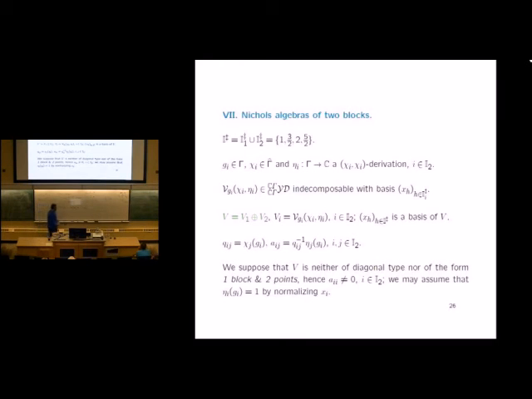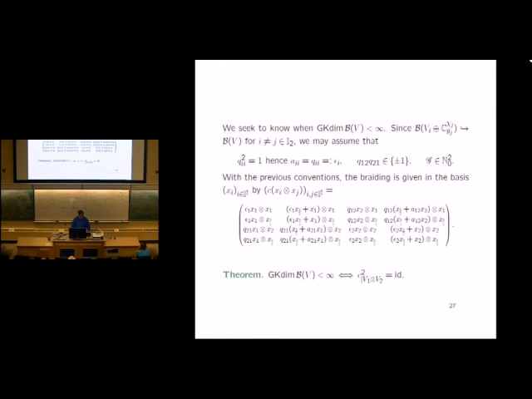And assuming it is not reduced to a previous case, what we can prove is that the Gelfand-Kirillov dimension is finite if and only if the blocks are disconnected, which means that C square is the identity. And in such case, of course, we are assuming that the blocks are either 1, 2 or -1, 2.